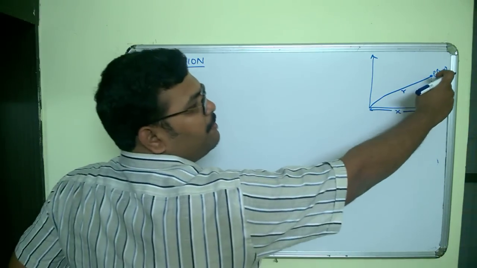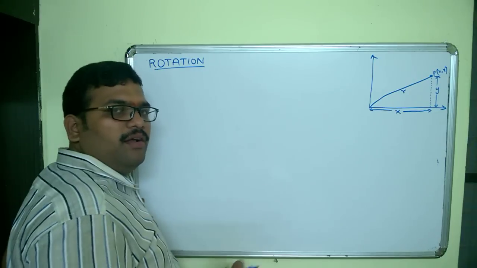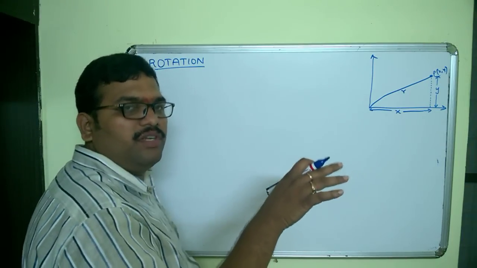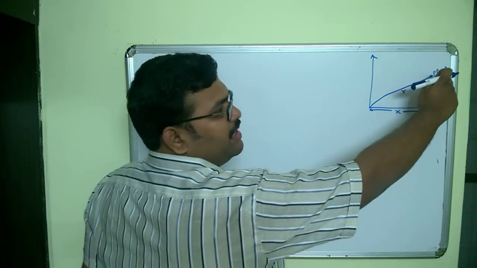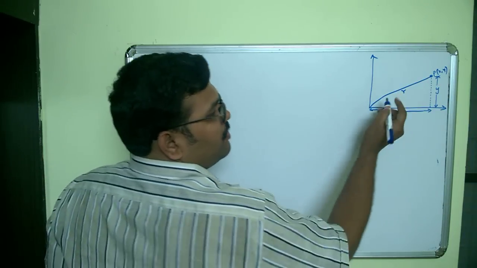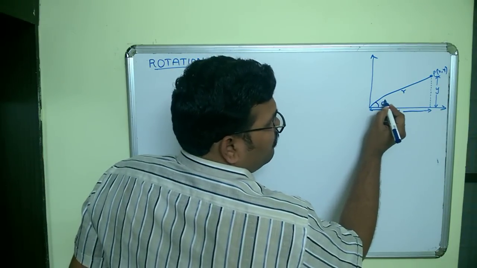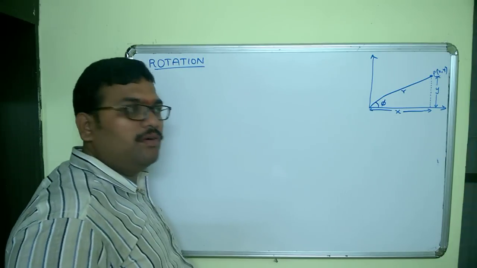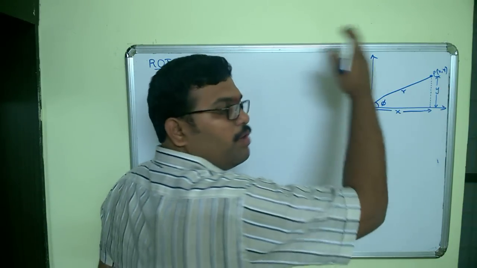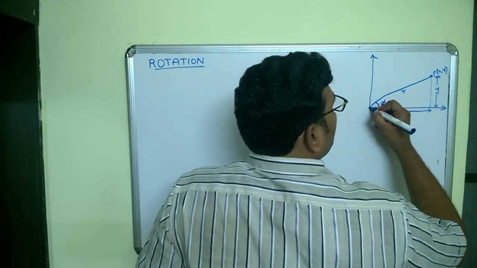Here P is (x, y), a point, and we have to rotate that point through a certain angle. This is the initial point, which has an angle phi by default. Now we have to rotate this point through a certain angle theta.